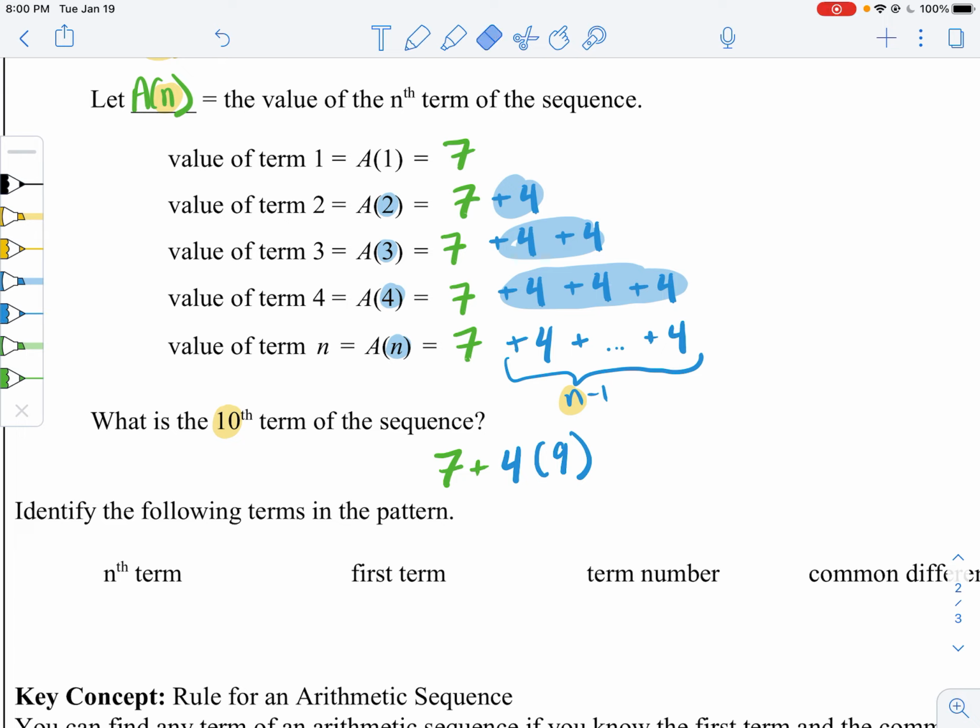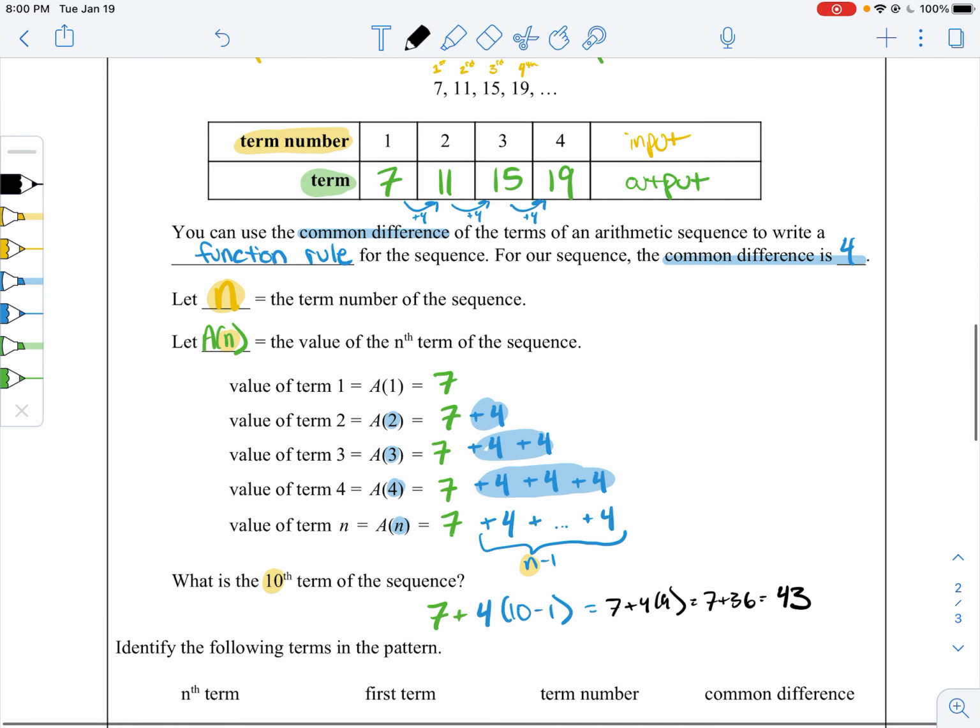Why 9? Because we need to take our 10 minus 1. So that's 7 plus 4 times 9, which is 7 plus 36, which is 43. There you go. So if we kept adding on to our sequence, the 10th term would be 43.